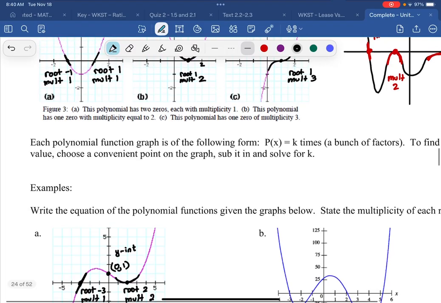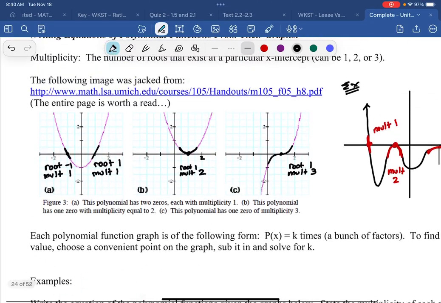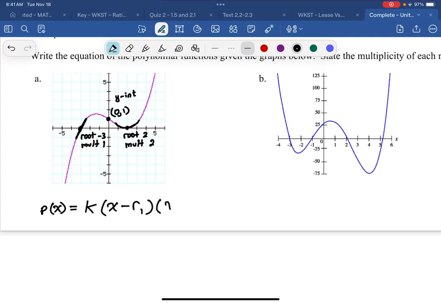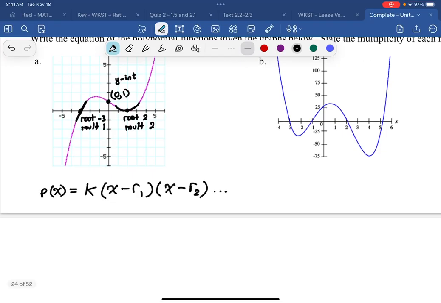Now, there is a formula that I don't think I included here, but to find the polynomial function, p of x is going to be equal to k, some coefficient k, times x minus r1, x minus r2, however many there are. And that could involve double and triple roots, which is where multiplicity comes into play.